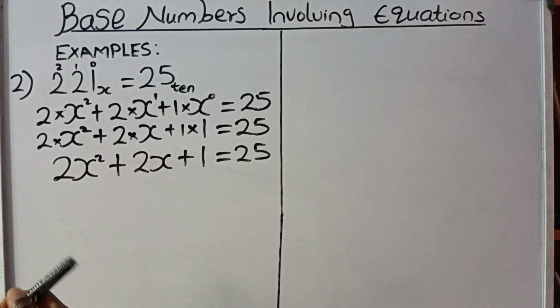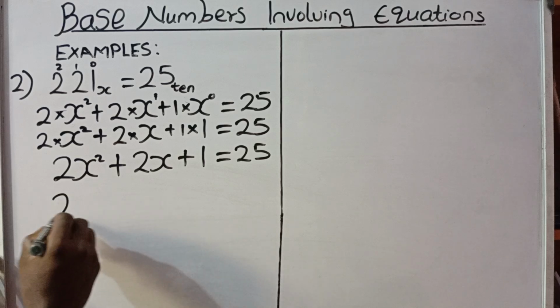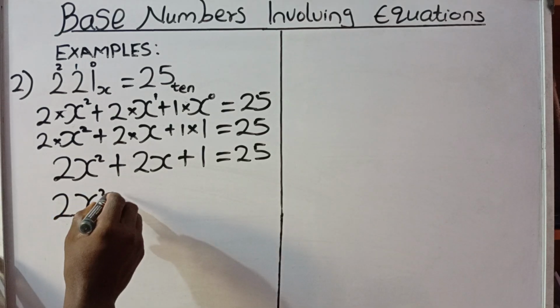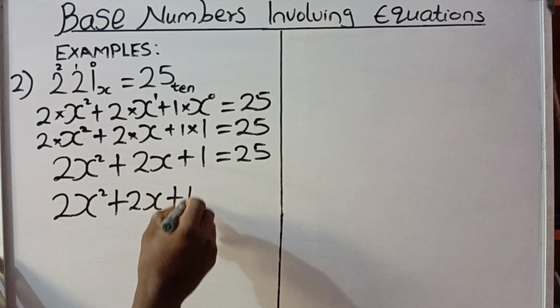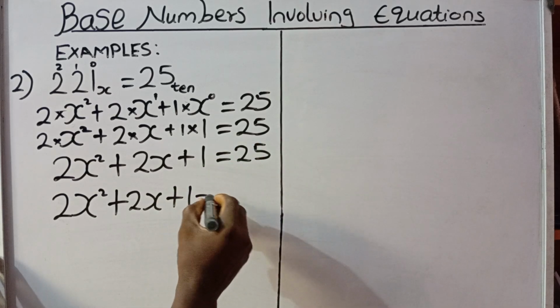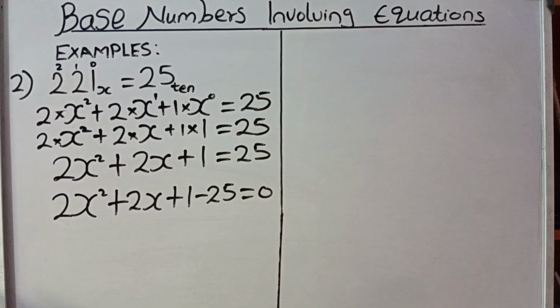By looking at this, you get to know that we are approaching the concept of quadratic equation. All right, so we have to get this to this side. That gives us 2x squared plus 2x plus 1. 25 coming over here becomes minus 25 equal to 0.